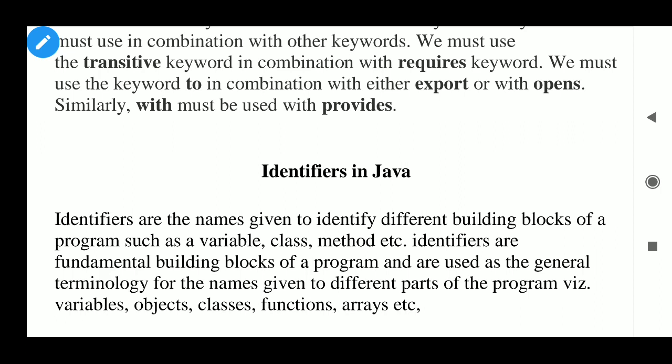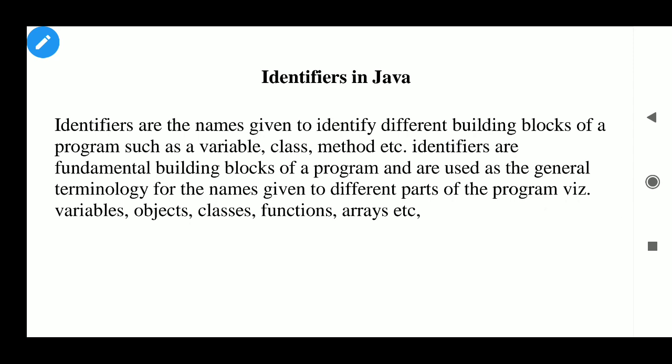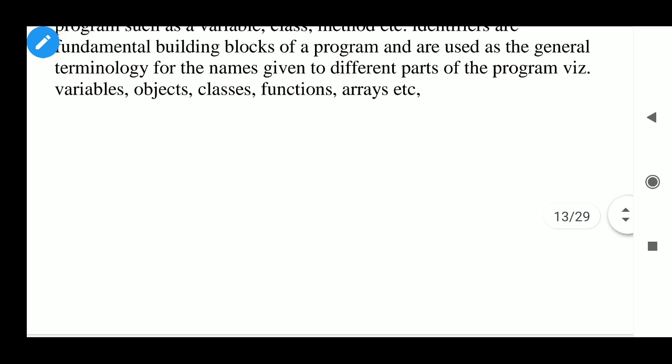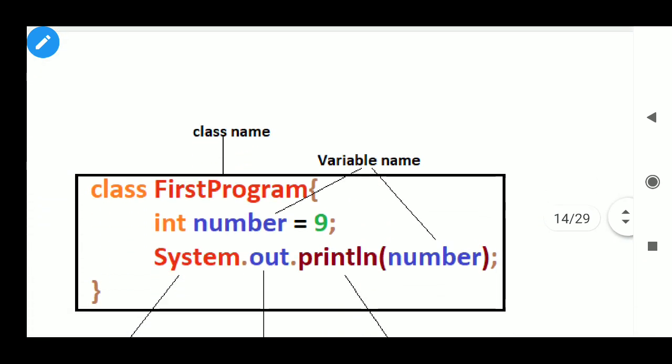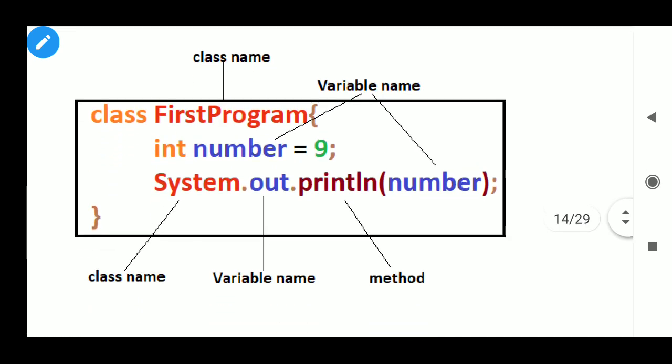Identifiers are the names given to identify different building blocks of a program, such as variable, class, method, etc. Identifiers are fundamental building blocks of a program and are used as a general terminology for the names given to different parts of the program, such as variables, objects, classes, functions, arrays, etc. So you can see here, in a small program, the first name is a class name and number is a variable, and System is a class name and out is a variable name and print is a method. So we are using identifiers.